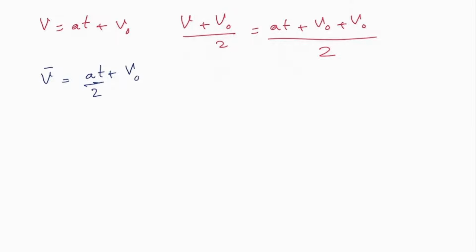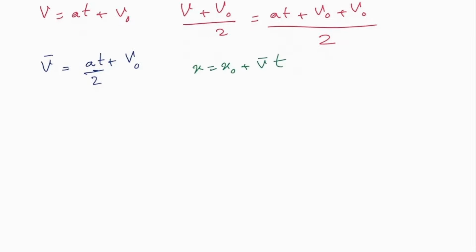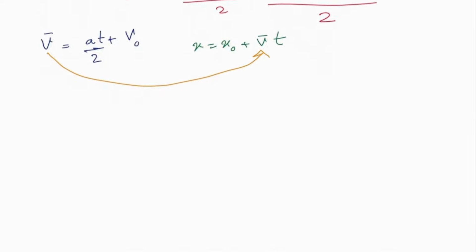We know that x is equal x0 plus vt. Let's substitute for v, average velocity, in this equation. Then we have x is equal x0 plus at divided by 2 plus v0 times t.